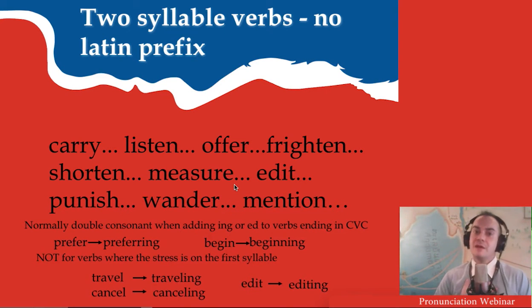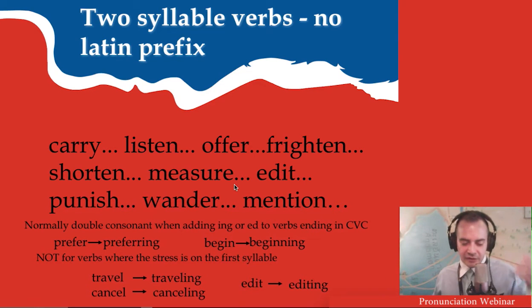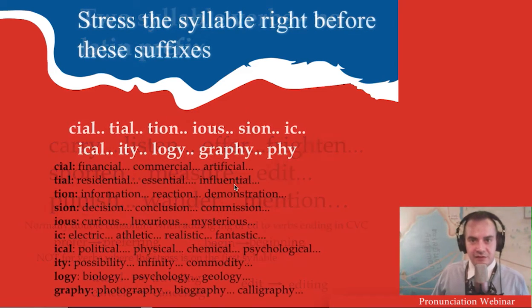So if you're like me, you've probably spelled traveling wrong by putting two L's in it at some point. So remember this tip. When the stress is on the first syllable, don't double the final consonant when you add ed or ing. Look at these words: edit, editing, travel, traveling, cancel, canceling. We don't double those consonants.